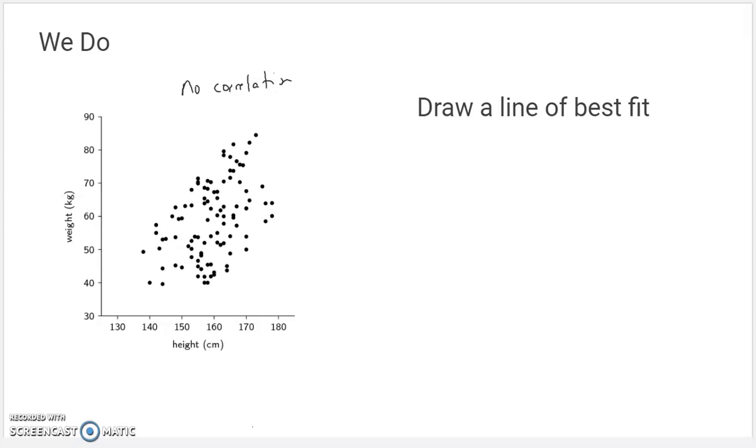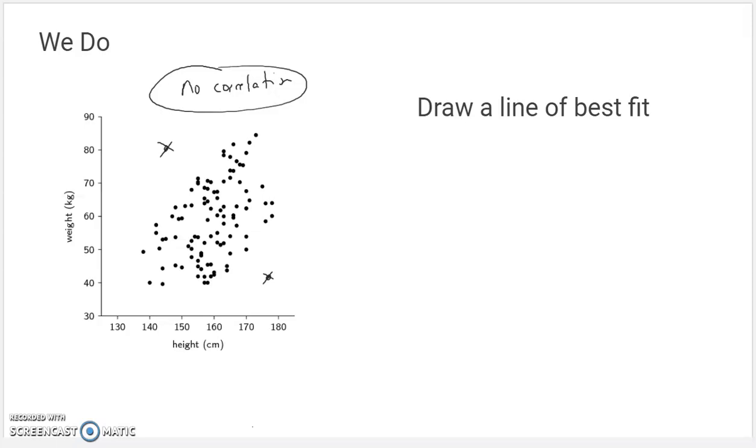So if I were asked to draw a line of best fit in this situation, before I rush to judgment and say there's no correlation, which there might not be, there's nothing wrong with saying that if that's truly the case, but stop at these graphs again and look, what would they look like without those?